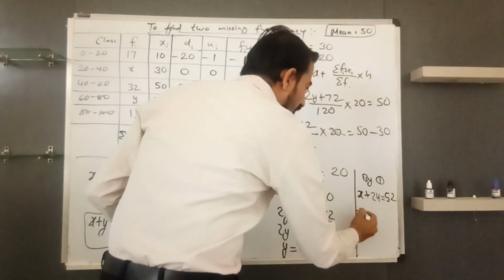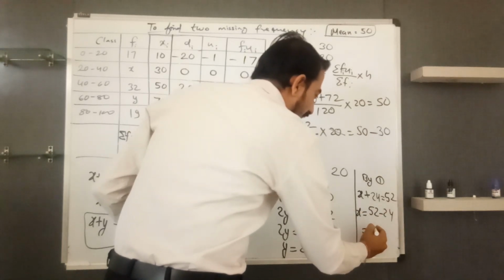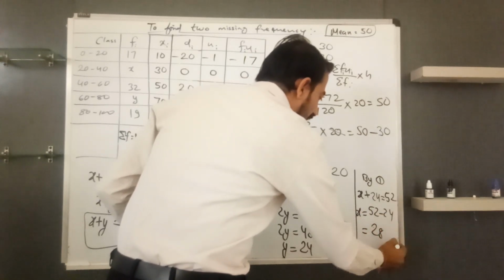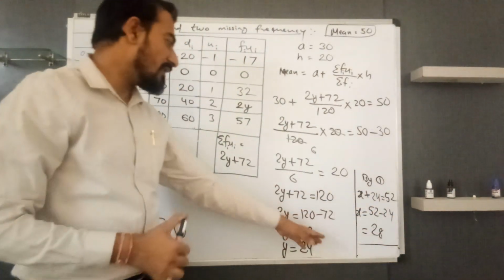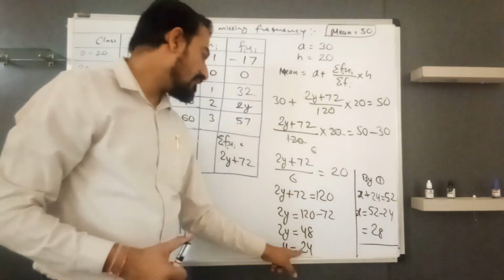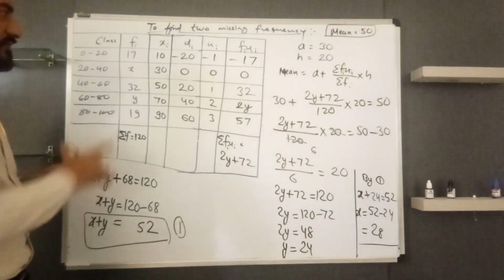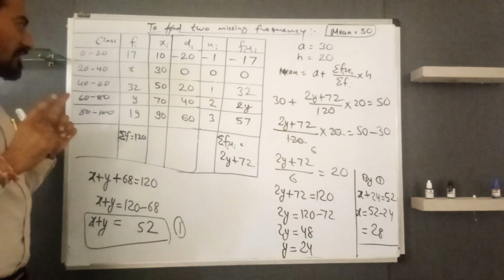Then x is equal to 52 minus 24. So what will we get? 28. So these are the values of x and y. So at the last you will have to write: therefore x is 28 and y is equal to 24. So this is the way to find the values of x and y. Let's revise it.